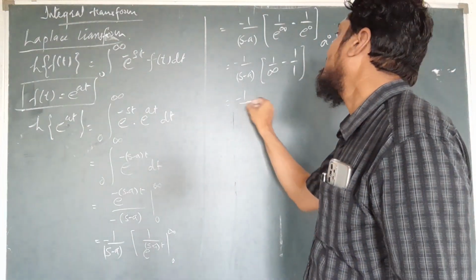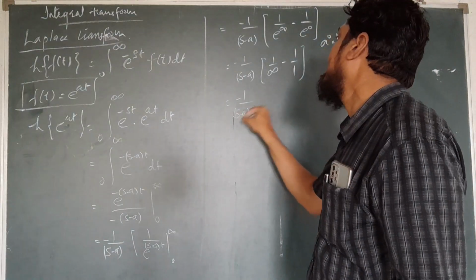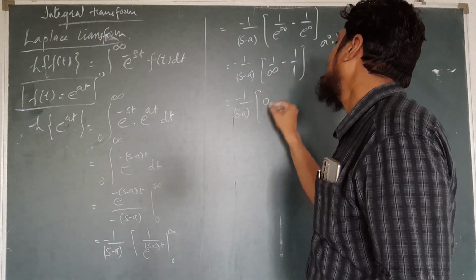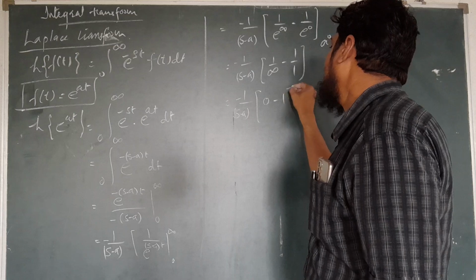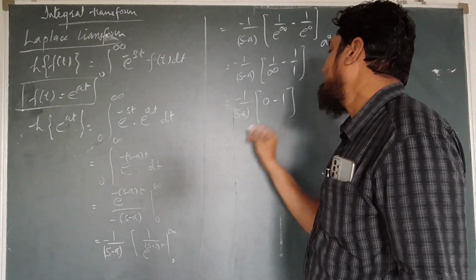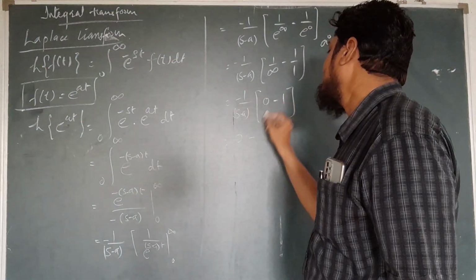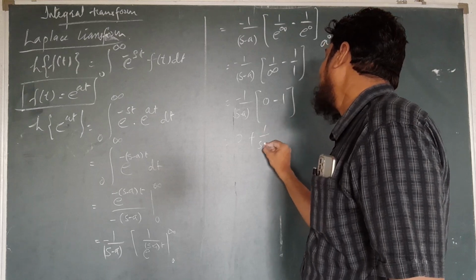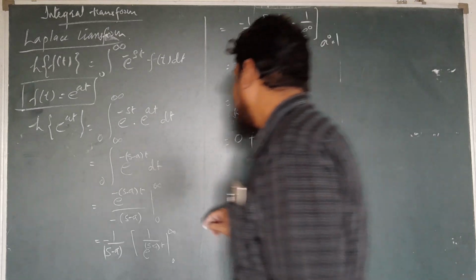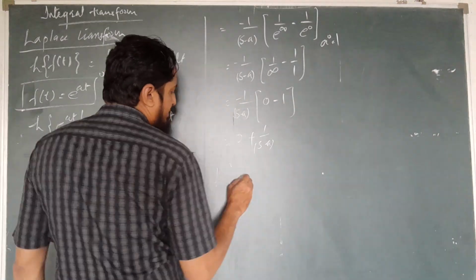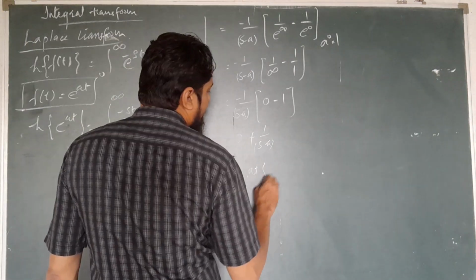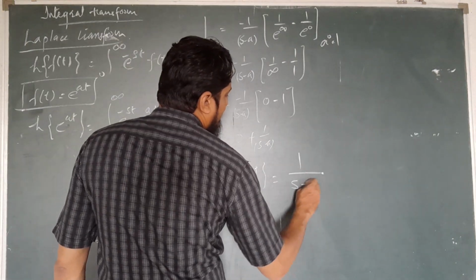So we have minus 1 upon s minus a times (0 minus 1), and after multiplying, minus minus becomes plus, we get 1 upon s minus a. So the Laplace transform of e raised to at is equal to 1 upon s minus a.